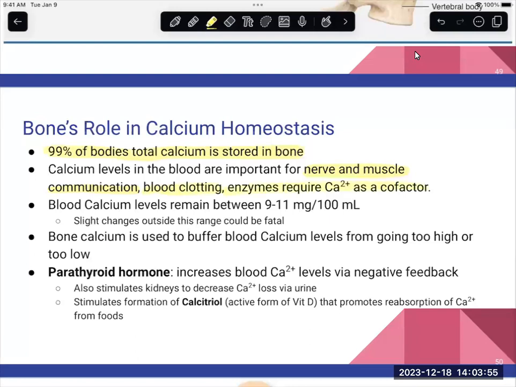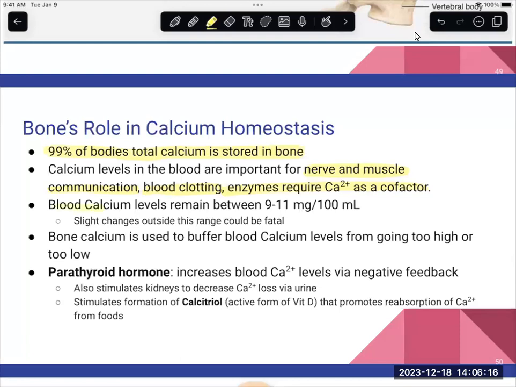It is also a cofactor for different enzymes. As a cofactor with an enzyme, it just means that you need calcium and then you need whatever to bind to it to cause that reaction to happen. So whatever we're trying to break down or build with those enzymes, plus calcium, will cause that reaction to happen. Without that calcium, it's not going to happen.